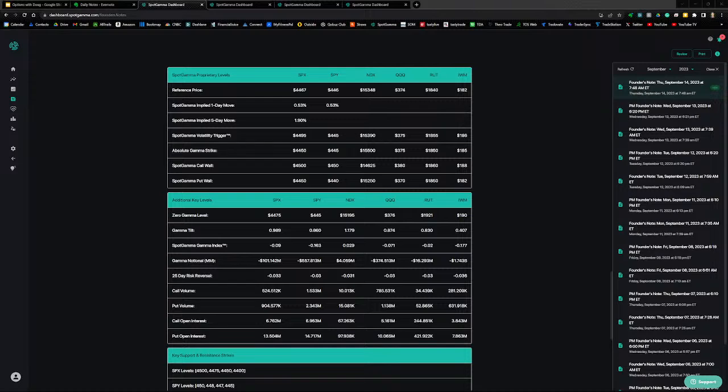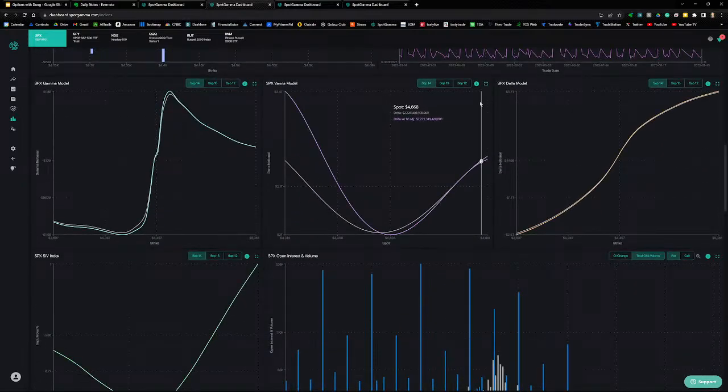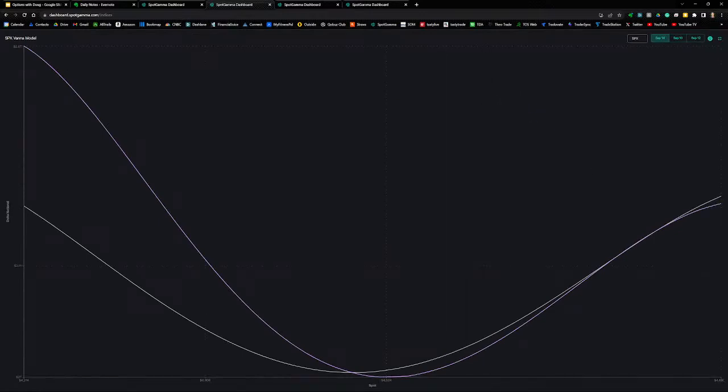All right, let's take a look at the Vanna model now. This is for SPX. So what this chart shows, this will give some context to the gamma notional in terms of delta notional. So this is showing how market makers' delta exposure changes with changes in price.